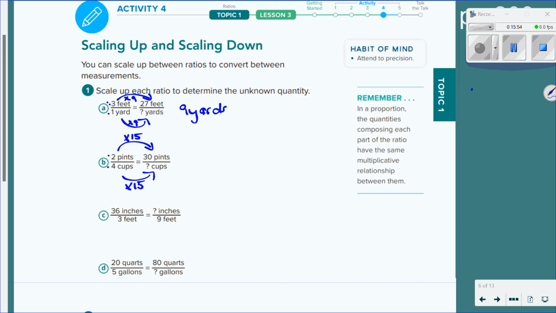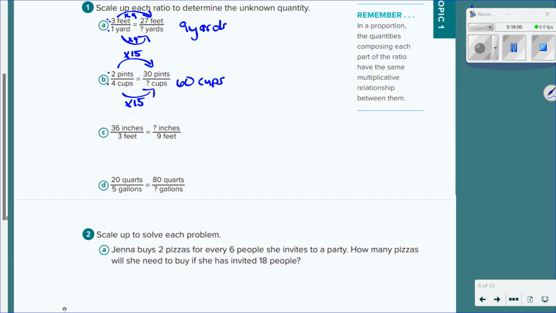And what is 4 times 15? 60 cups. This time I have my denominator complete on both sides. So what do I do to 3 to get to 9? Times 3. So what is 36 times 3? 108 inches.